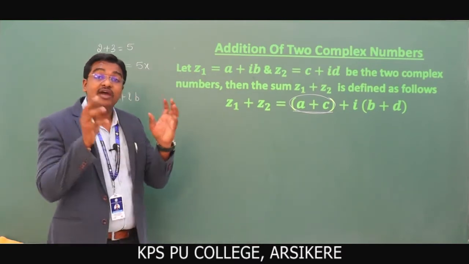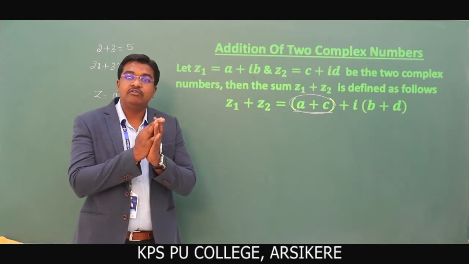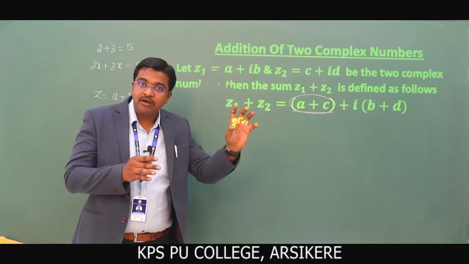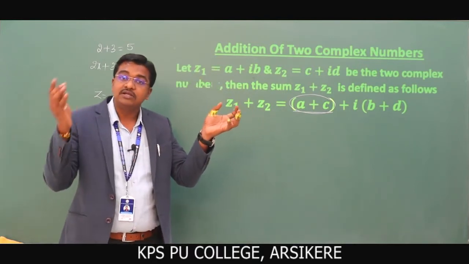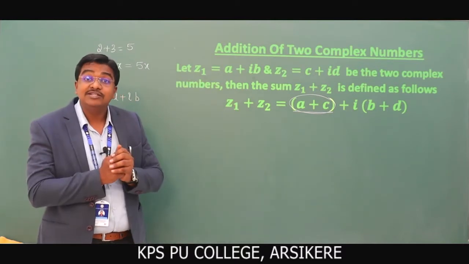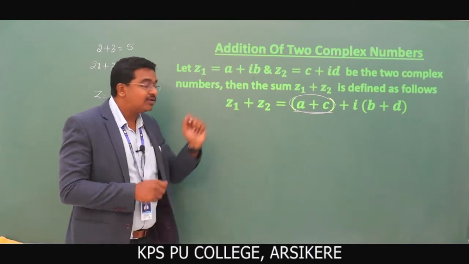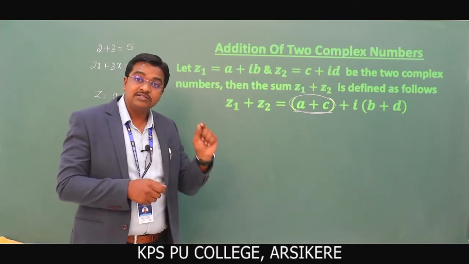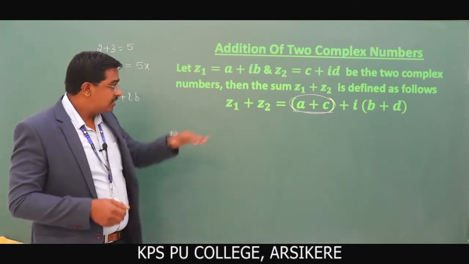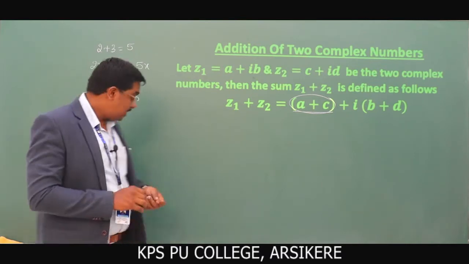It means when we add two complex numbers, we add the real parts of the corresponding complex numbers plus i into the sum of the imaginary parts. This is the addition of two complex numbers.